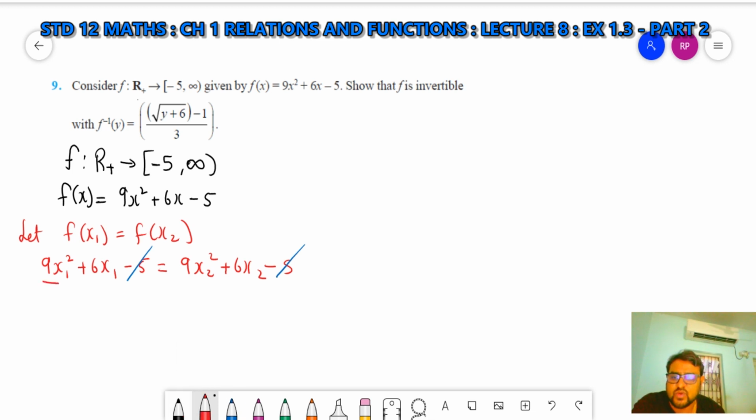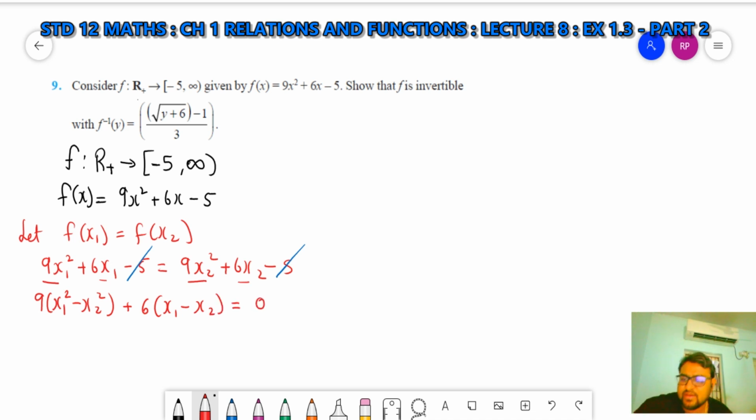So 9x1² - 9x2², 9 common, plus 6x1 - 6x2, 6 common, taking everything on one side, this is equal to 0.